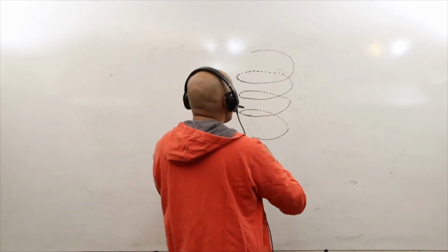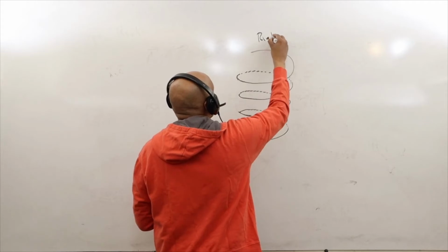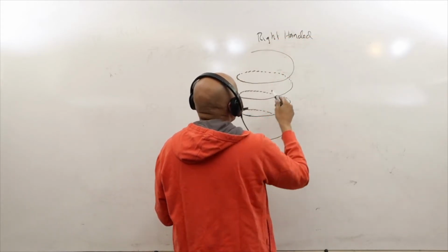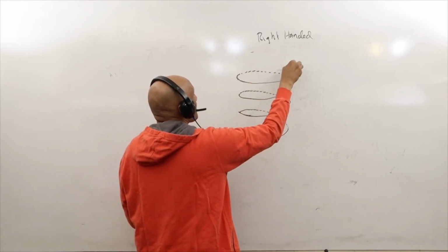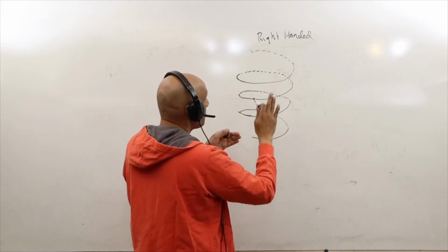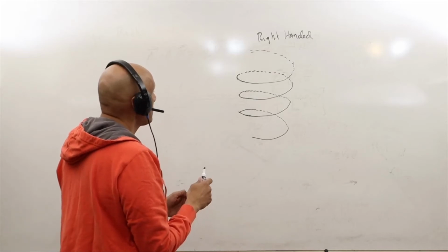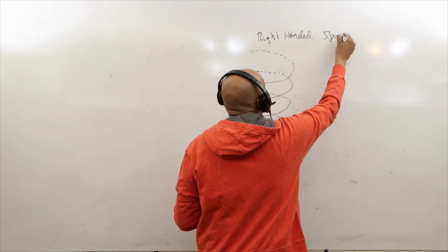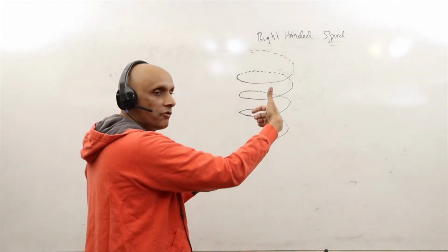This is called a right-handed spiral. The solid lines are in front of you, towards you, and the dotted lines are behind the board. Okay, not very good, but this is a right-handed spiral. The direction of the rotation moves you forward.